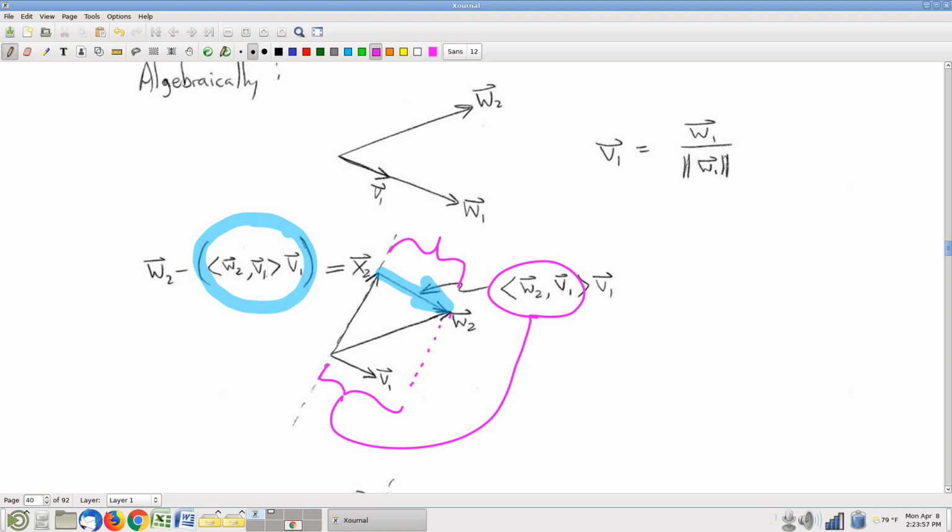Magnitude of that blue vector that I want to subtract: to what extent does W2 point in the V1 direction? What direction does this blue vector point? Well, it points in the V1 direction, of course. The whole goal with this blue vector is to identify how much W2 points in the V1 direction. So the direction vector is V1.